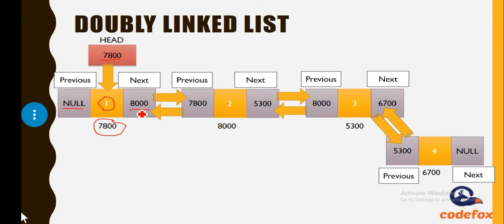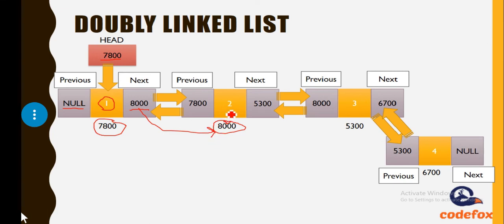Now you can see this is our first node, this is our second node, and this is the address of second node. First node's next node is this one, and so this is storing the address of second node.